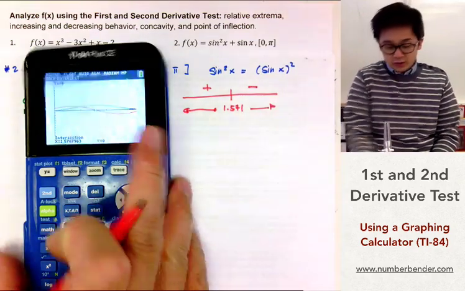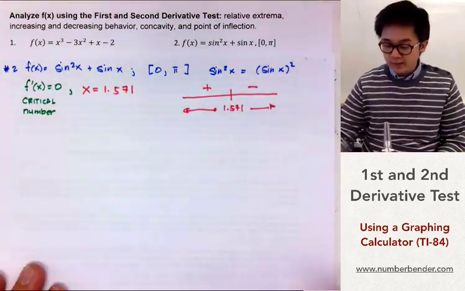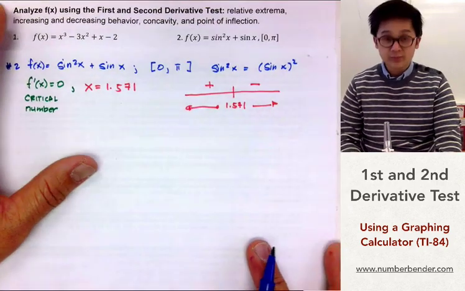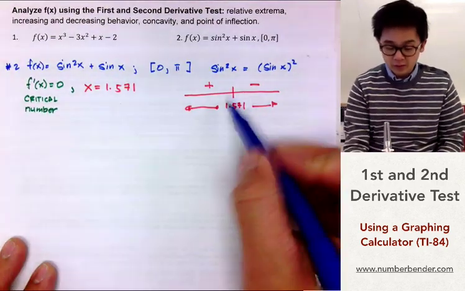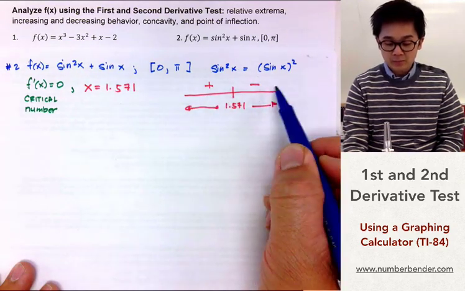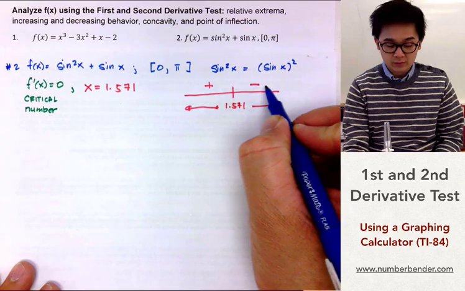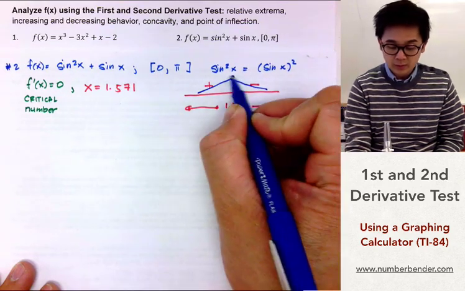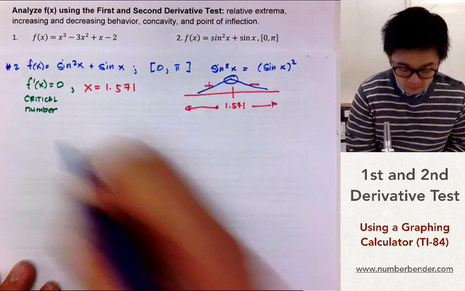So this is now our sign chart, which we can use in finding our relative min and relative max. So here we only have one critical number, so we have a relative maximum because it's changing from positive to negative. So going up, and then it went down right here, so we have a maximum.